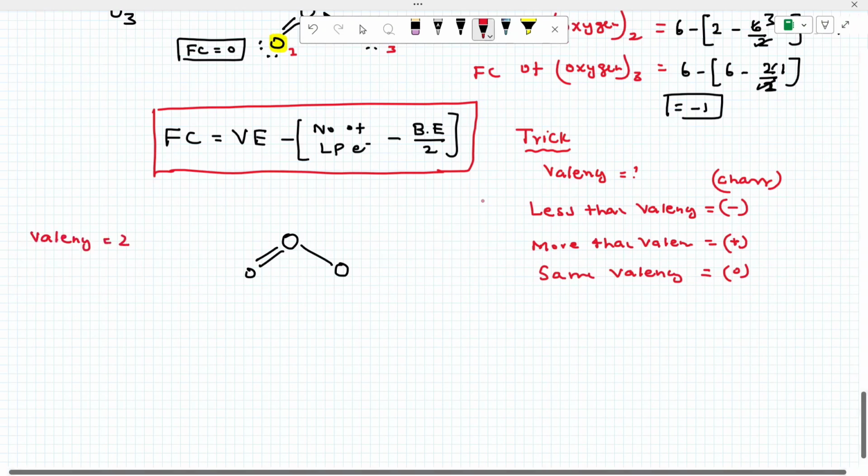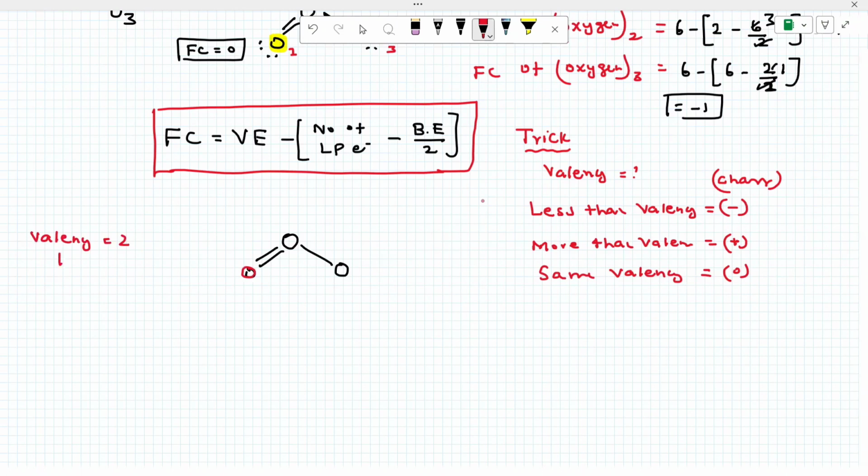What is actually valency? It is called bond forming capacity. Now this oxygen satisfies valency, right? Because it forms 2 bonds, the formal charge is 0. For this oxygen, the formal charge equals 0 because it satisfies valency.